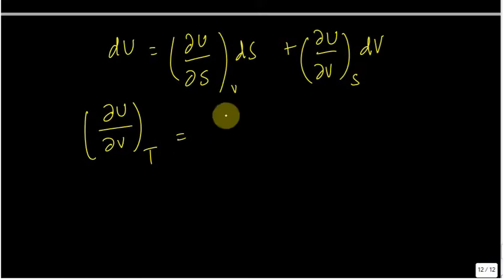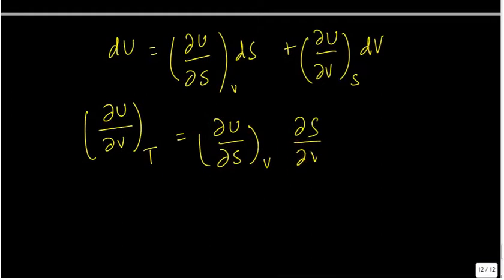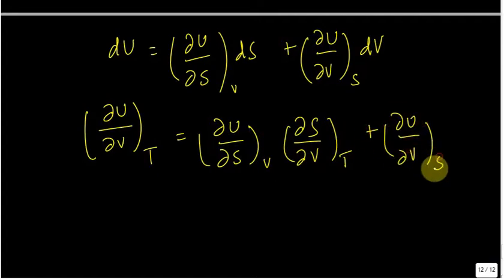So I have del U/del S at constant V times del S/del V at constant temperature, plus del U/del V at constant S, and del V/del V is just 1. So that's pi T.